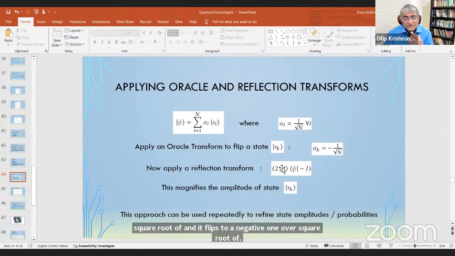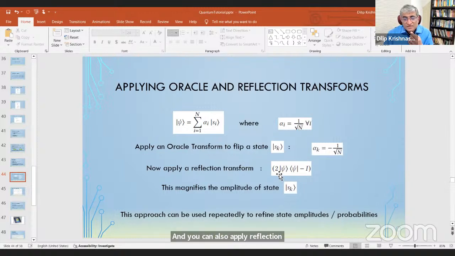And you can also apply reflection transforms, which are of this form, 2 ket psi bra psi minus I, and that magnifies the amplitude of a particular state. So you flip a state, and then you apply a reflection transform to amplify the magnitude of a particular state. And you can use this repeatedly to amplify states.